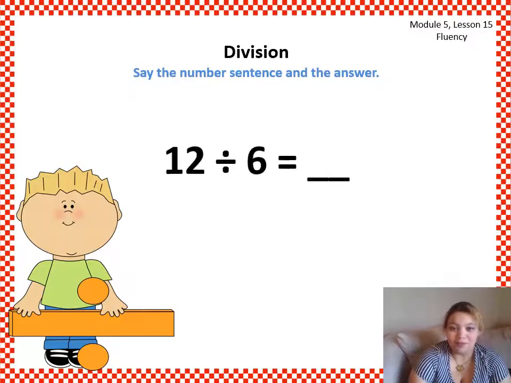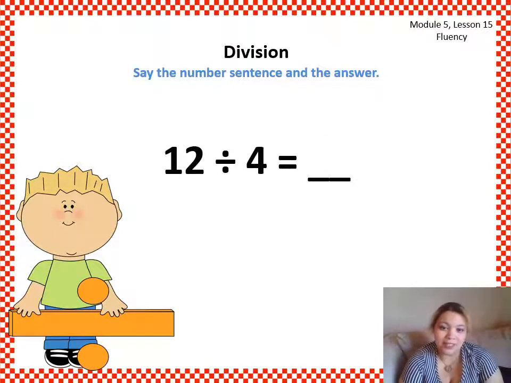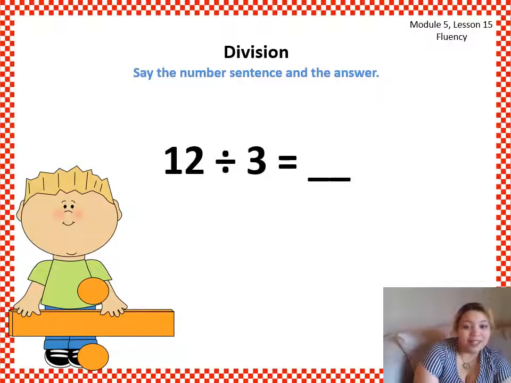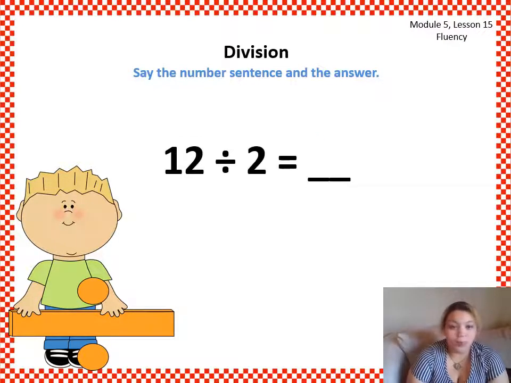12 divided by 12 is 1. 12 divided by 6 is 2. 12 divided by 4 is 3. 12 divided by 3 is 4. 12 divided by 2 is 6.